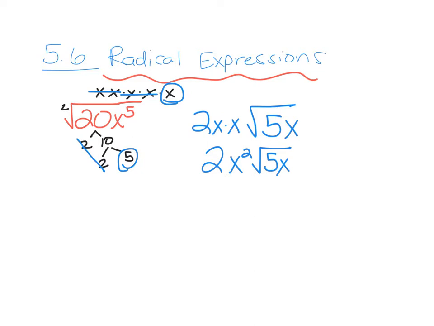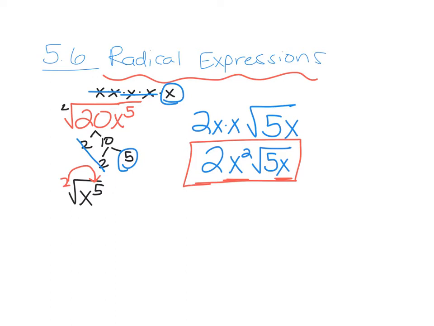The other way to do the square root of x to the 5th is to take your index, which is 2, and divide it into the exponent. 5 divided by 2 is 2 with 1 remainder. So the 2 brings 2 to the outside, and 1 left over would stay underneath. Either way, you'd get the same answer.